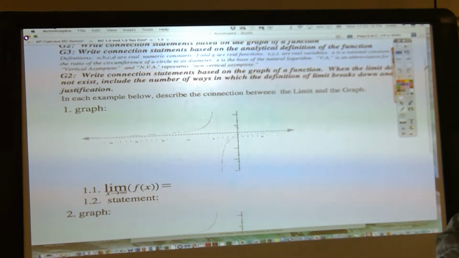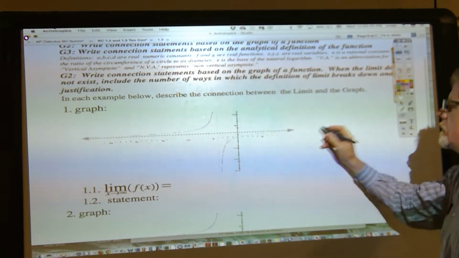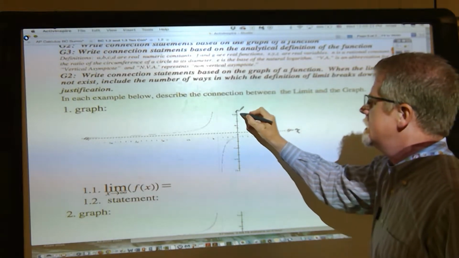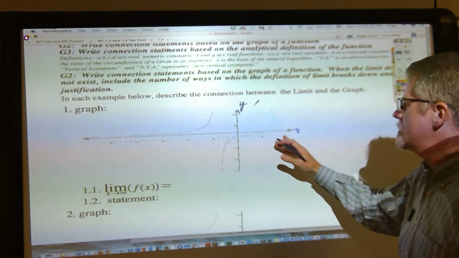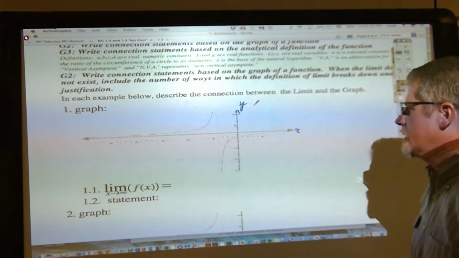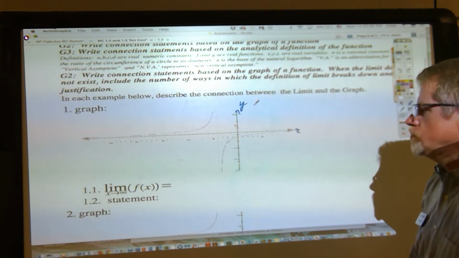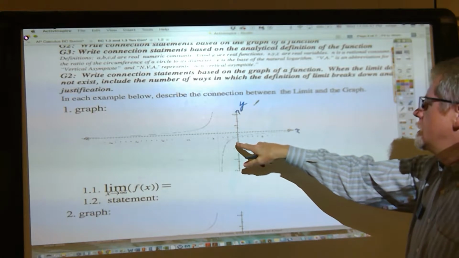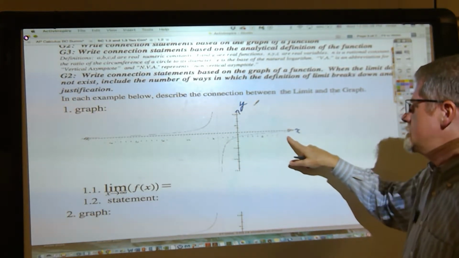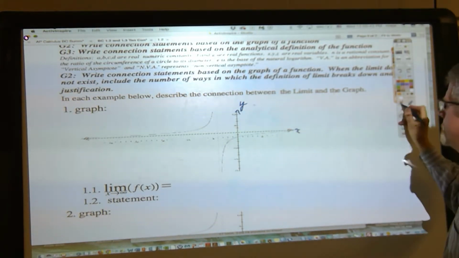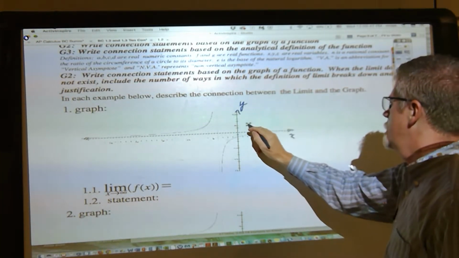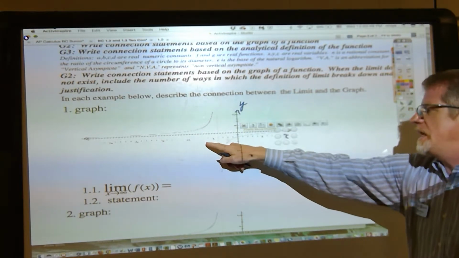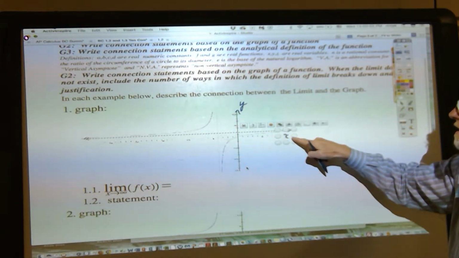Let's call this the x-axis and that the y-axis. And so we see that there's a horizontal asymptote at what appears to be... hold on a second. This is where the numbers are, this horizontal axis.